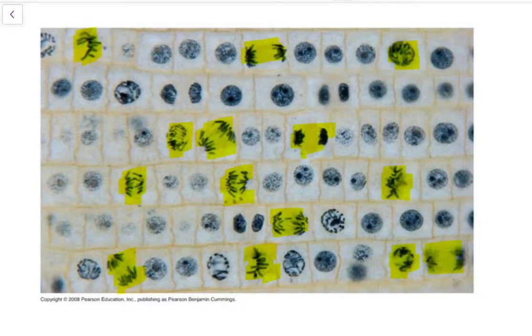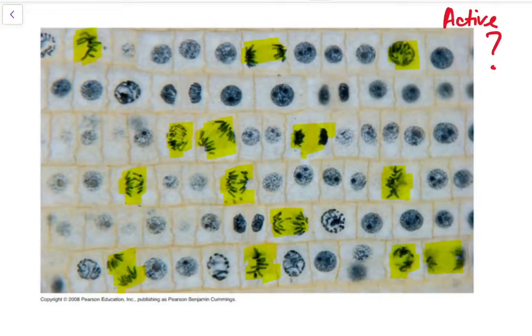Some of the other ones it's harder to tell, but this gives us a sense of how active the tissue is in terms of its division. Now we can see that most of the other cells here are not in mitosis.